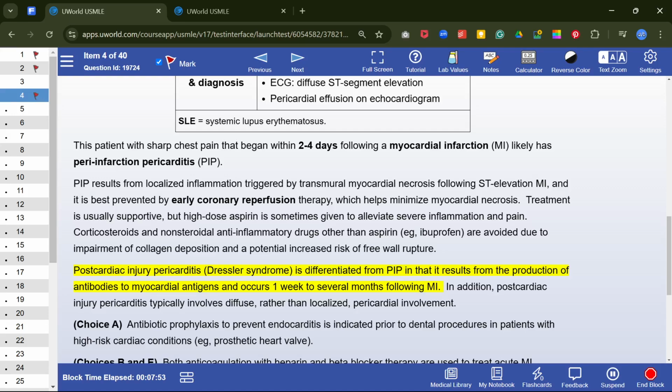If it happens after weeks to months, then it is Dressler syndrome. Maybe high dose aspirin. Yes, for peri-infarction pericarditis, it is written high dose aspirin, and for post-infarction pericarditis, Dressler, there is 975 milligrams of aspirin.